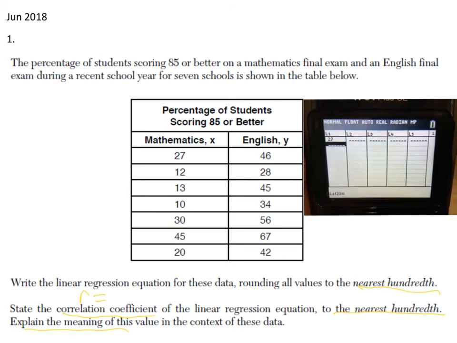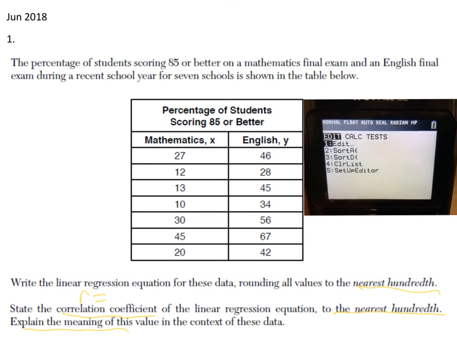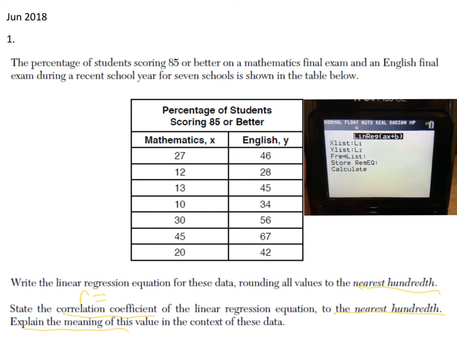So 27, 12, 13, 10, 30, 45, 20, then 46, 28, 45, 34, 56, 67, 42. And then we go to stat and calculate and linear regression, and then we get this, calculate.